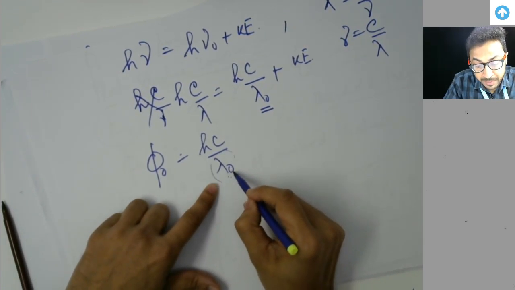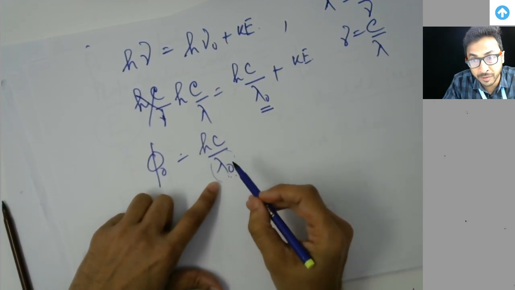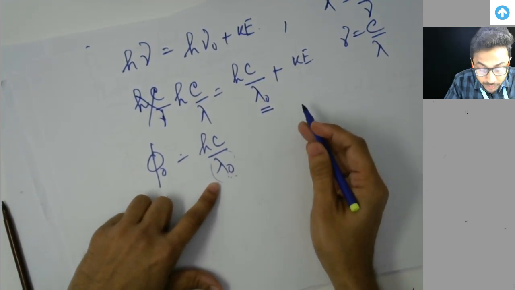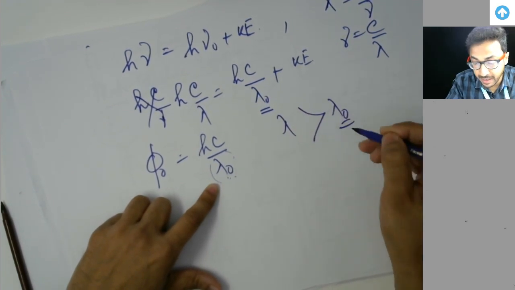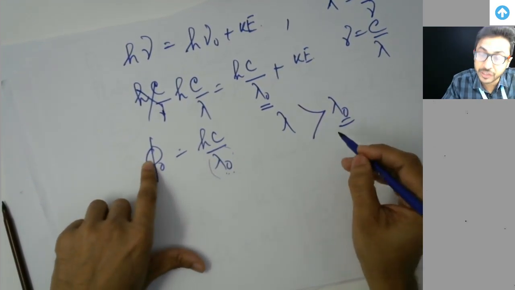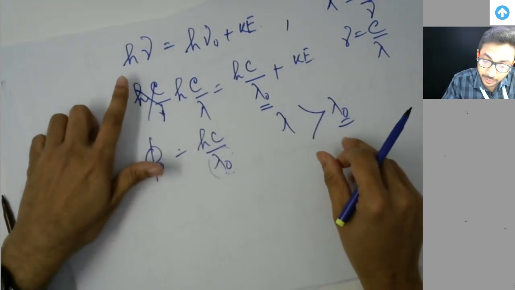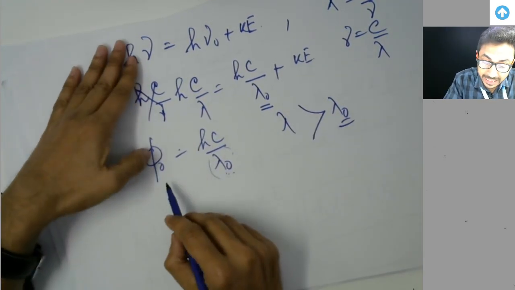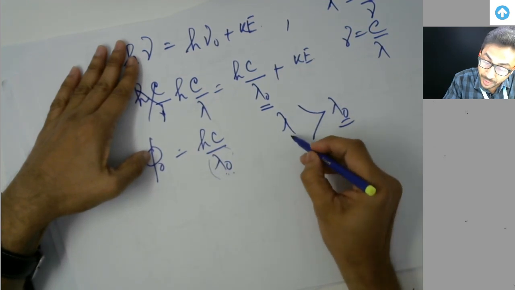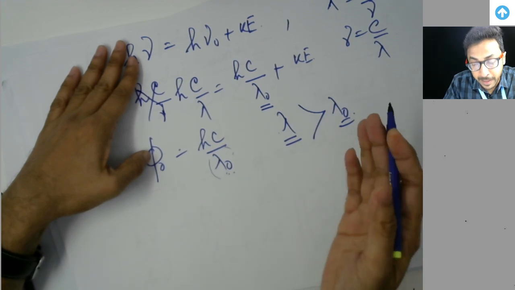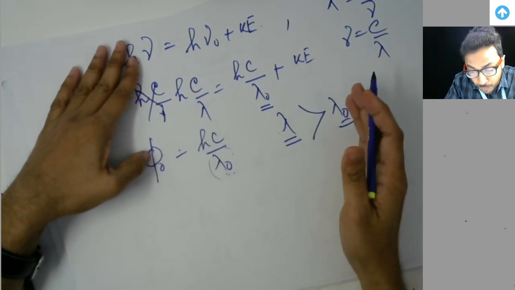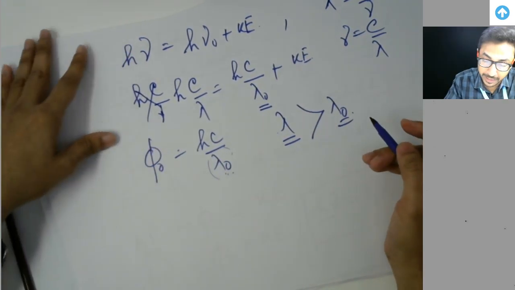So there can be a maximum limit of the wavelength. Beyond that, if wavelength is greater than lambda 0, the energy of the photon will be less than the work function. So when the wavelength is greater than the threshold wavelength, the photons will not be able to emit electrons.